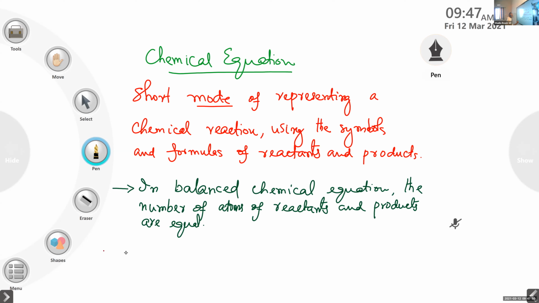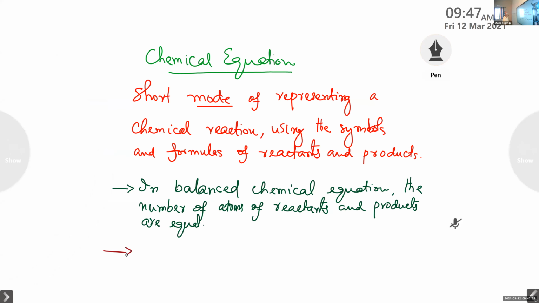So write as the next point: balancing chemical equations. All these are various types of questions asked. Balancing chemical equations, what is the basis?